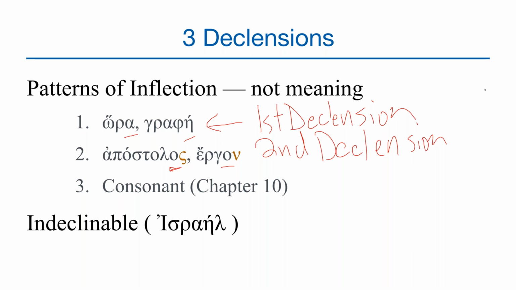In addition to this, there's a few words that are considered indeclinable. There are certain words that are always the same no matter what role they're playing in the sentence. And many times this will be a name of something, or it will be a word that is transliterated from another language. So an example here is Israel.